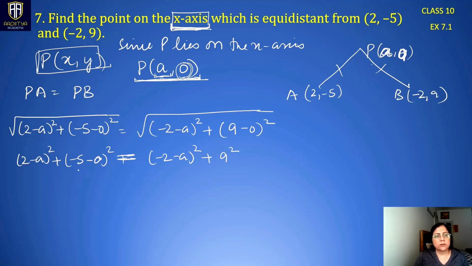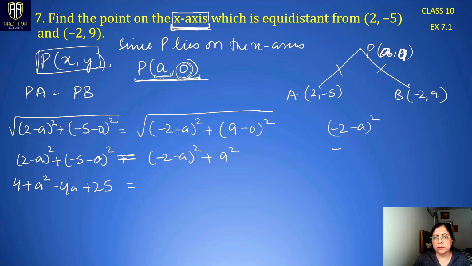Now I am opening these brackets. This is a square plus 4 minus 4a, and minus 5 square is 25. Now here we have a basic thing like minus 2 minus a whole square. Don't consider this as a minus b whole square. Both the terms are negative.